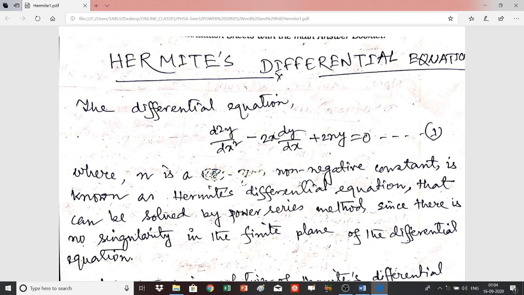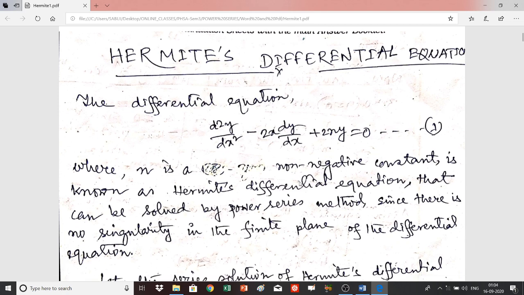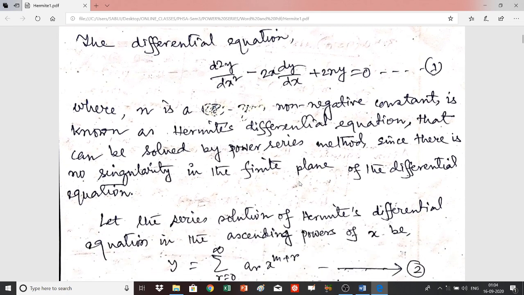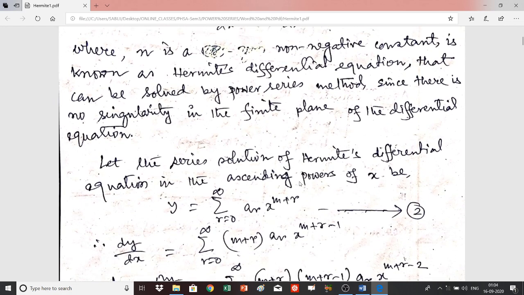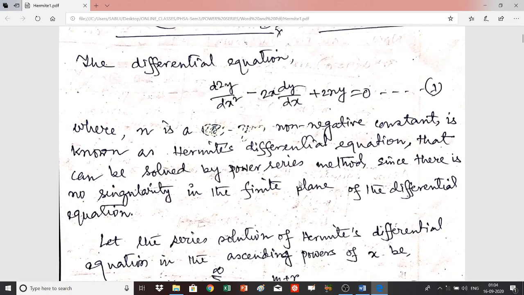There is a broad spectrum of areas in physics in which the Hermite differential equation is usually used. Now let us check whether this equation can be solved by the power series method.